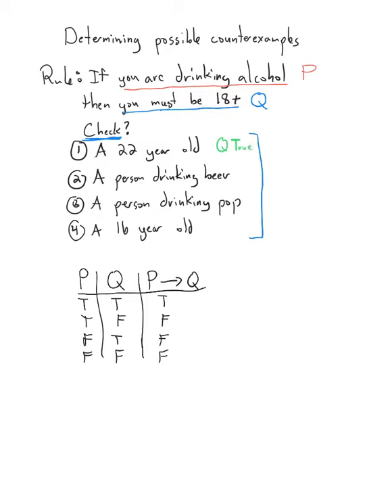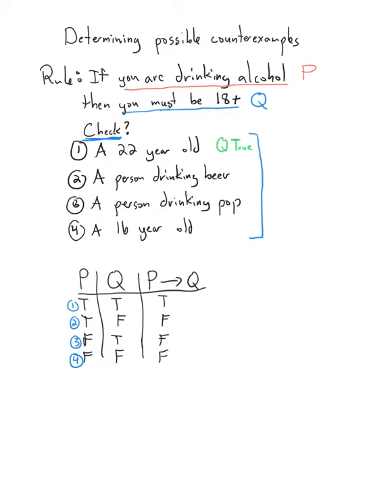Okay, so let me actually number these rows: 1, 2, 3, and 4. So, if Q is true, the 22-year-old is either in row 1 or row 3. Either they're 18 plus and drinking alcohol, or 18 plus and not drinking alcohol.